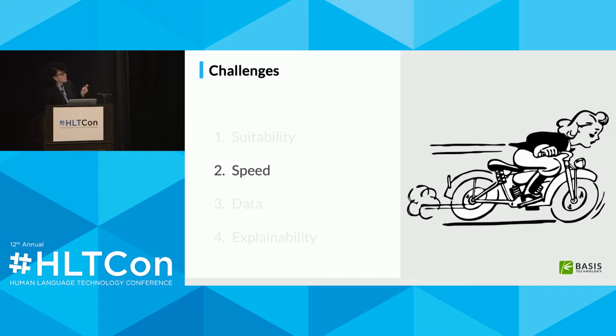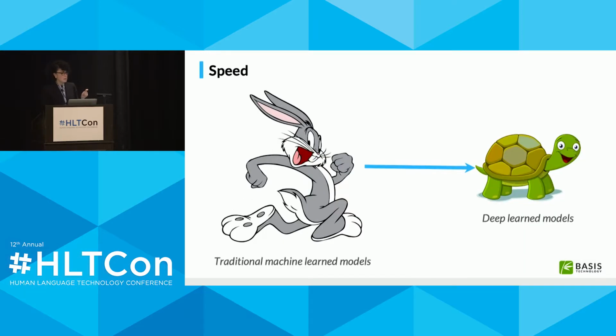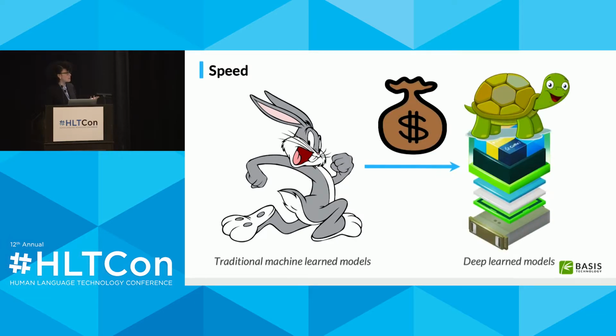The next area I want to touch on is speed. At this point, it is still the case that traditional machine learned models are much faster than deep learned models. And as I mentioned earlier, you can throw hardware at this problem. You can run a model on a GPU, you can add servers, you can do lots of different things, and you will see significant improvements.